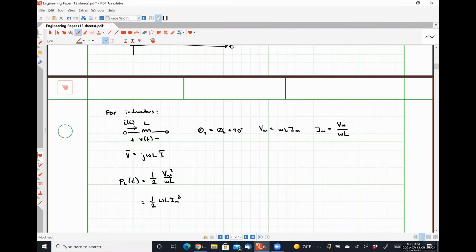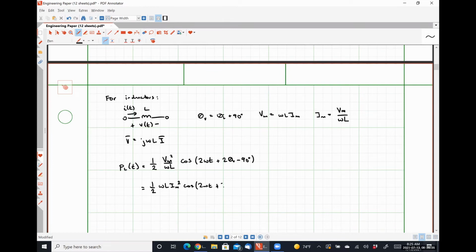Then we're going to have our twice frequency term, so that's twice omega t. And now I'm going to have theta V plus theta I, so that's going to be cosine of twice omega t plus twice theta V minus 90 degrees for our voltage representation, and cosine of twice omega t plus twice theta I plus 90 degrees for our current only representation.